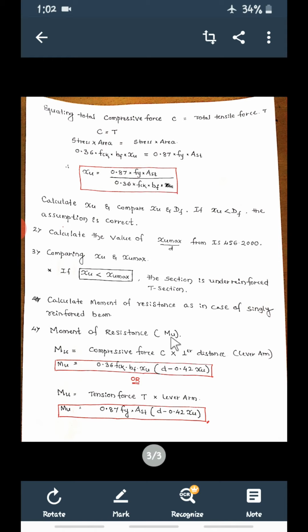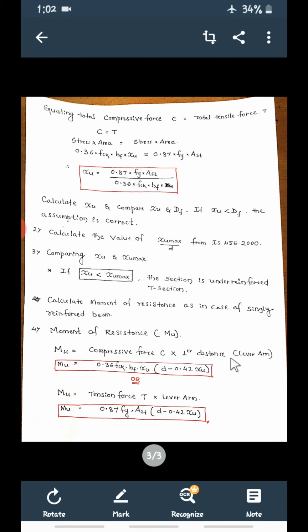That is the ultimate moment of resistance MU, or factored moment MU. So what is moment equal to? Remember, moment is equal to force into perpendicular distance, and here perpendicular distance means lever arm.